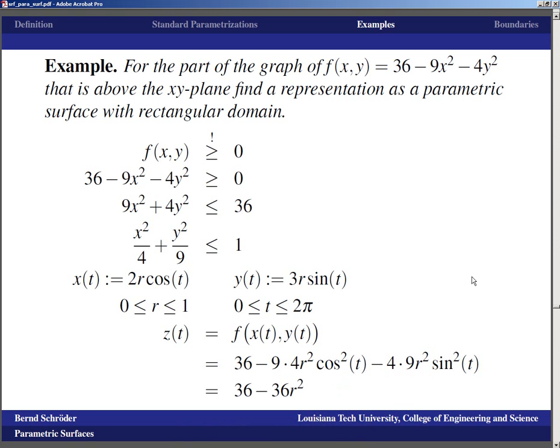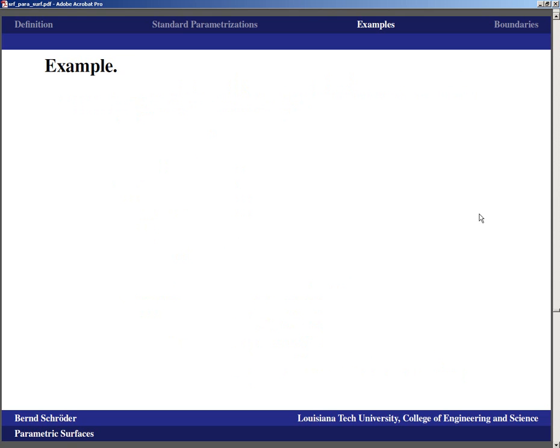And that is the parametrization, because now I can just stick that in. I've got the parametric equations, and now I could just put that into a vector also and say 2r cosine t, 3r sine t, 36 minus 36r squared. And yeah, if you want to, hit pause right now, plot this in a computer algebra system, and see that you really get the same graph both ways.